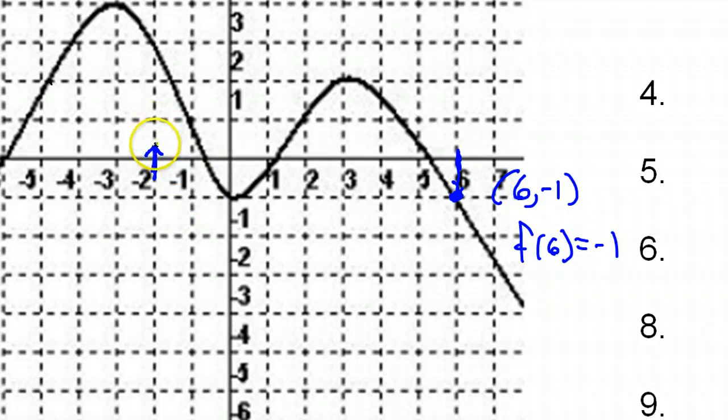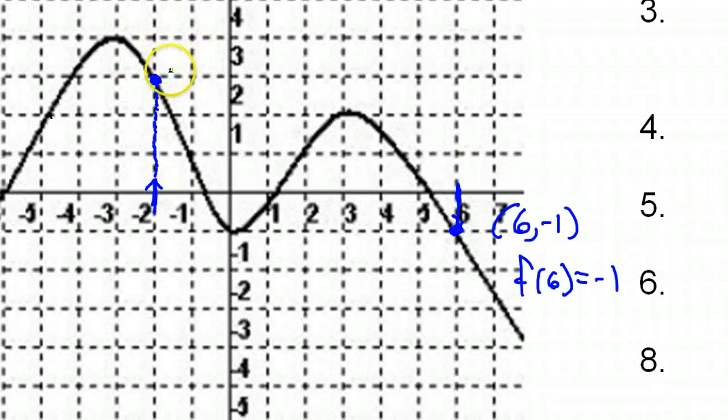So I'm going to have to go up. And then, right here, this is the point we're talking about, and the y value, let's see, 1, 2, 3. So the y value here is 3. Basically this is the point -2, 3.